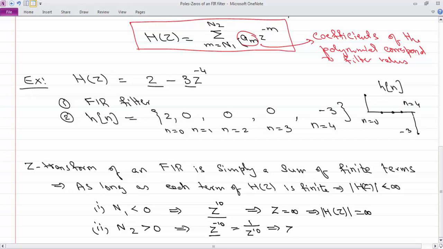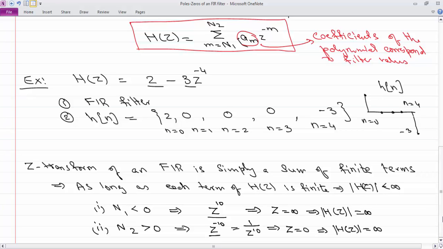This means that if I input z equal to 0, then the absolute value of H of z will be equal to infinity again. So these are the only two cases for an FIR filter that your Z transform can have a pole. Okay? An FIR filter has no pole except at z equal to 0 or z equal to infinity.